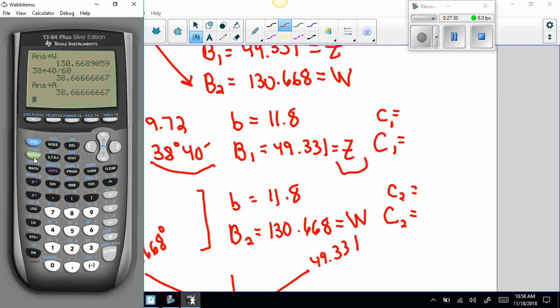Now we can go alpha A plus alpha Z, minus 180, times a negative 1. That one is C1 there, 92.002. Stow that.